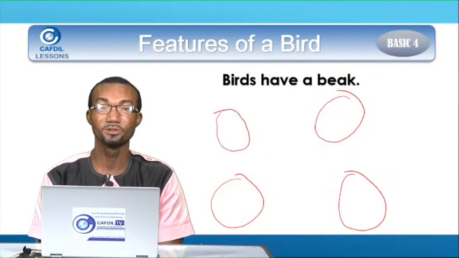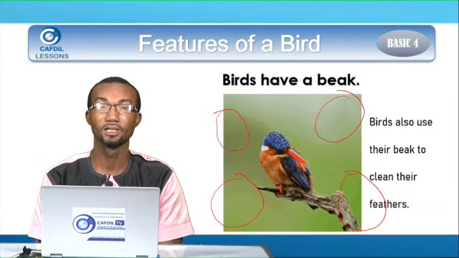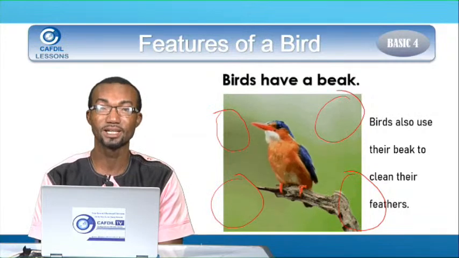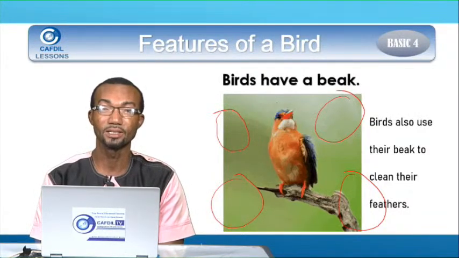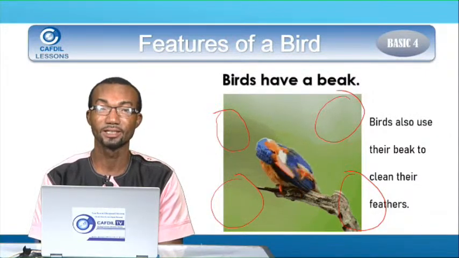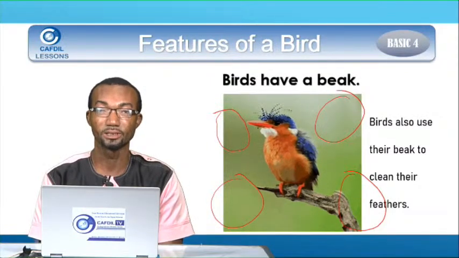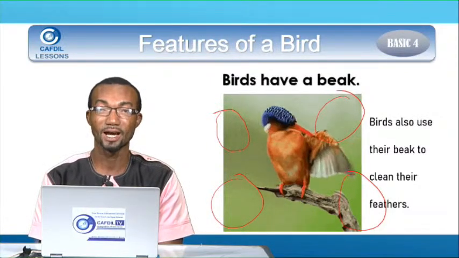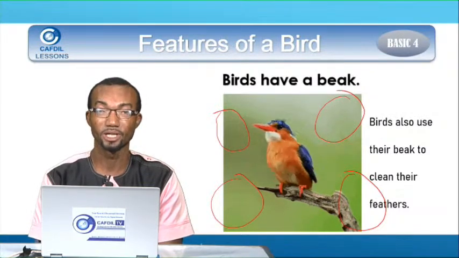What again do they use the beak for? They use the beak to clean their feathers. As you see the bird there, the bird is cleaning its feathers with the beak. So birds have a beak, and that is one feature of a bird.